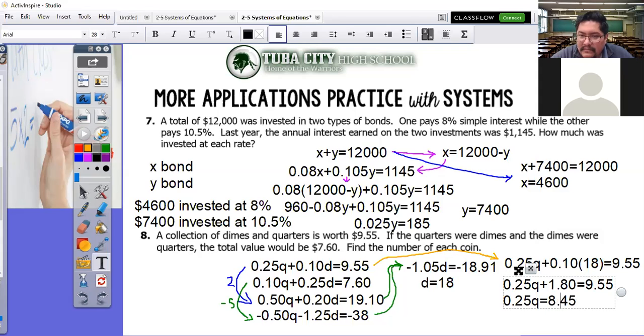Okay, this doesn't really seem right. Is something going on here? Maybe I plugged something in wrong, because there's no way we can get $8.45 from quarters.